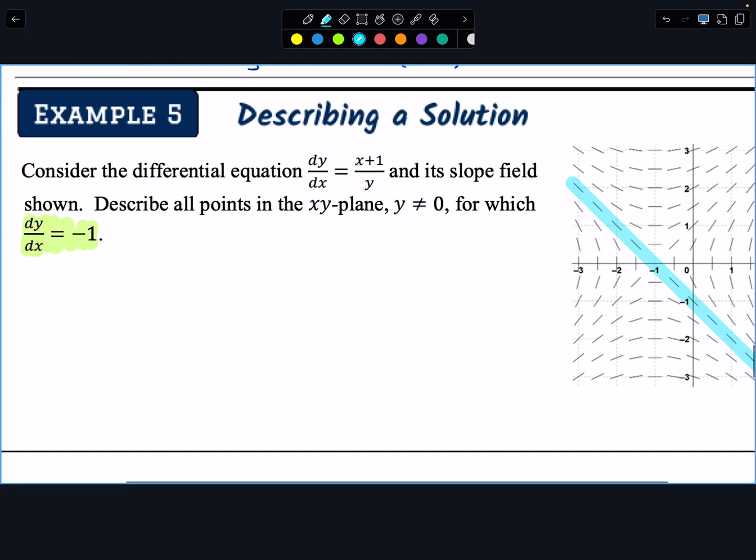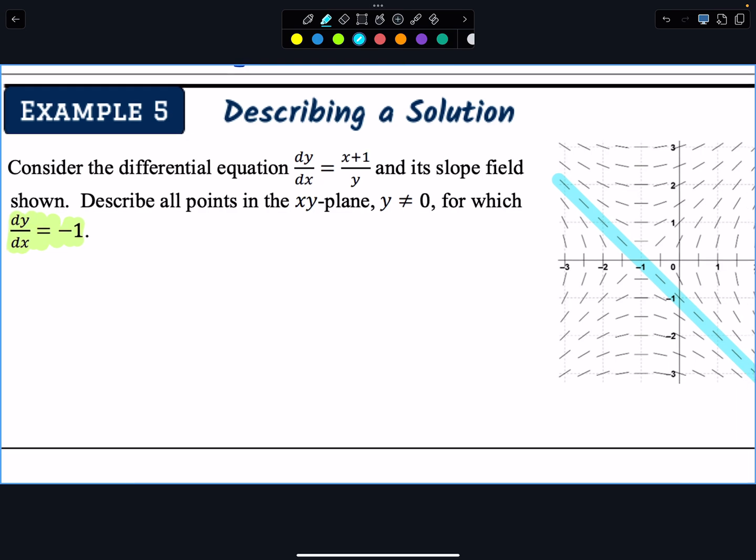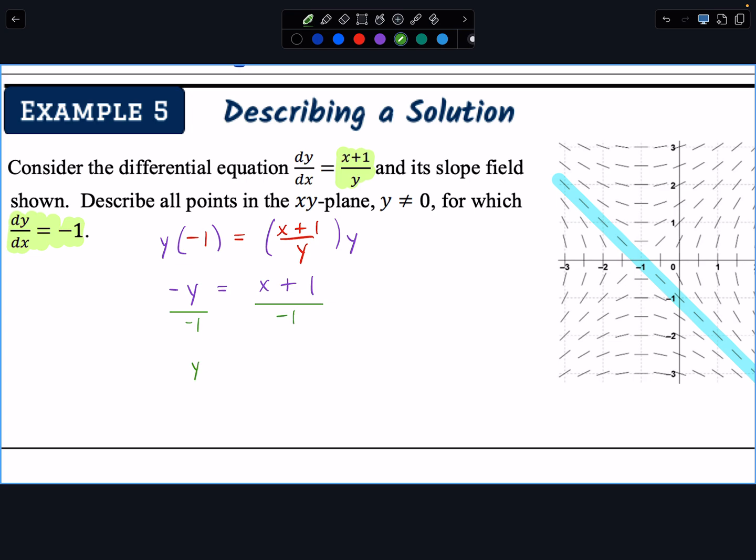I want to find all the values that give me a slope of negative 1. So I'm going to set dy/dx to equal negative 1 and solve for y. So I'm going to multiply both sides by y. And then divide everything by -1. So y is equal to -x minus 1.